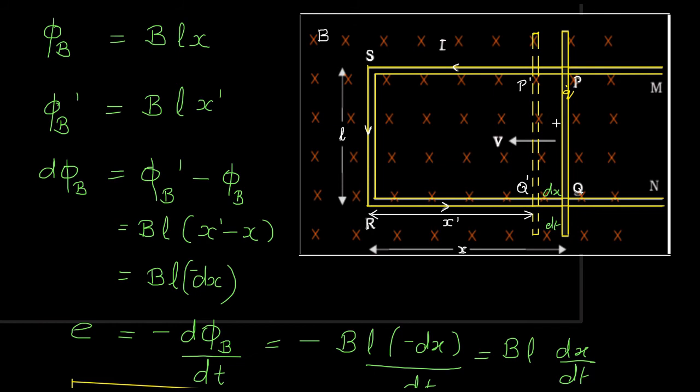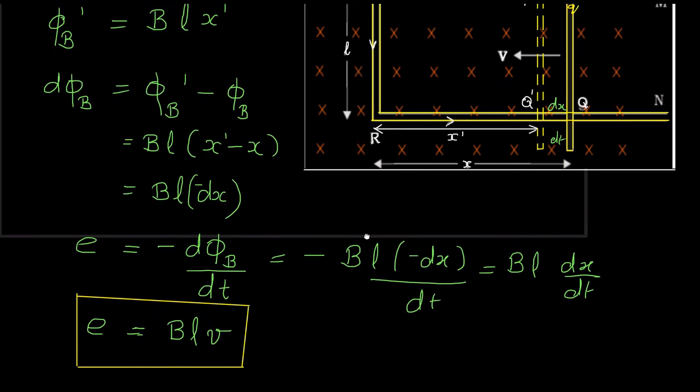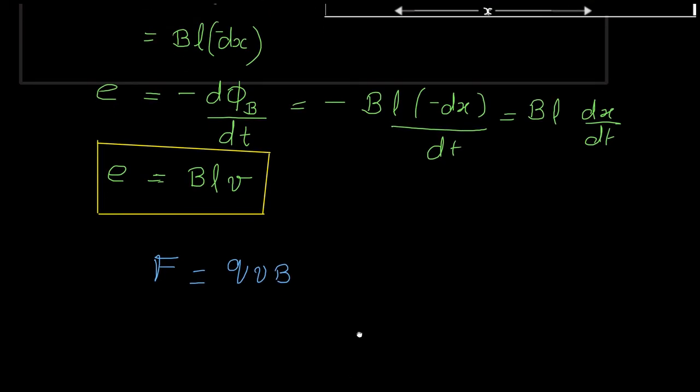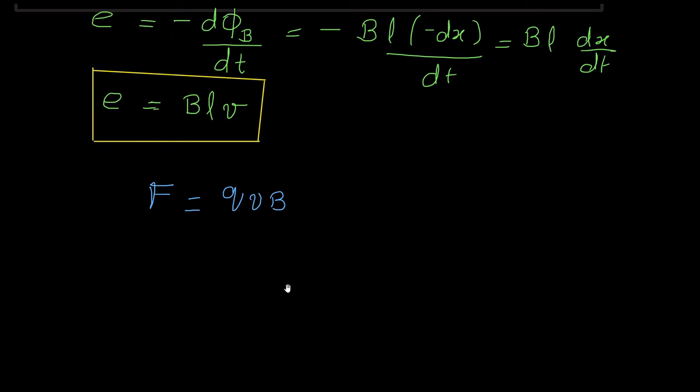When the rod moves with speed V, the charge will also be moving with speed V in the magnetic field B. The Lorentz force on this charge Q is F, which is equal to QVB, since the magnetic field is perpendicular to the plane of the coil.